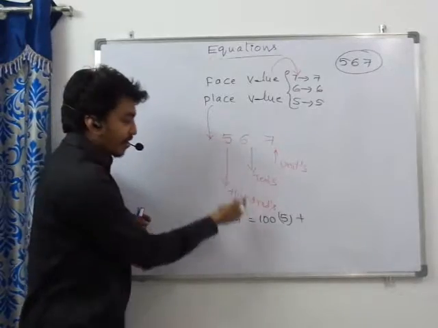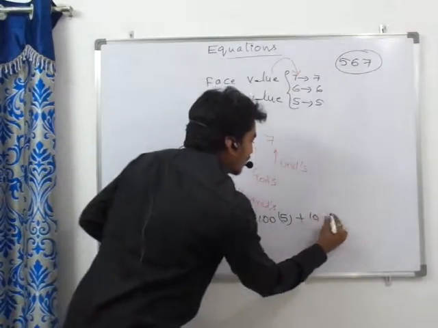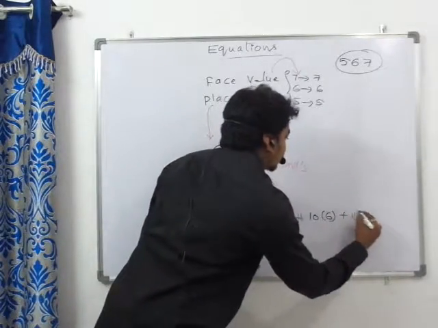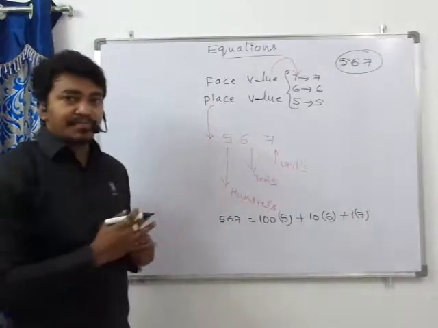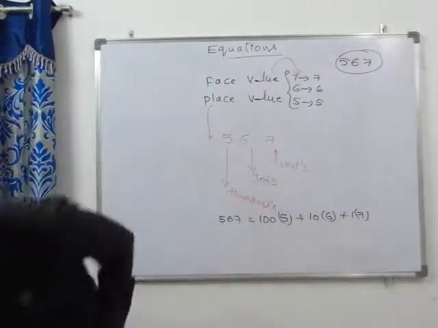What is the place value of 6? This is 10 into 6. What is the place value of 7? 1 into 7. If you add, you will get the same number. So this is the place value and face value.